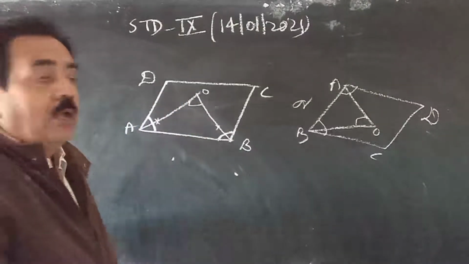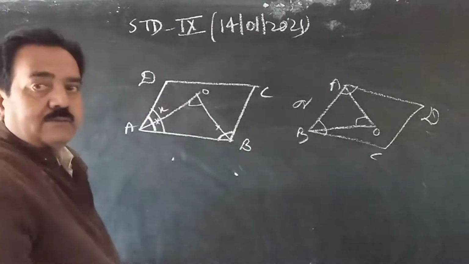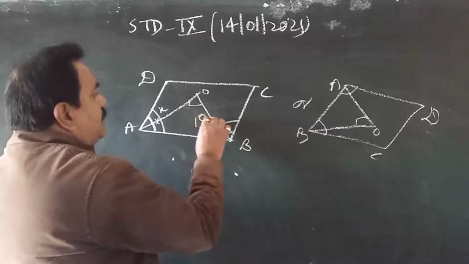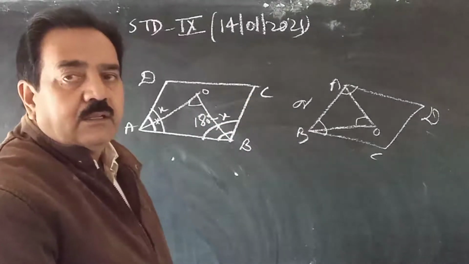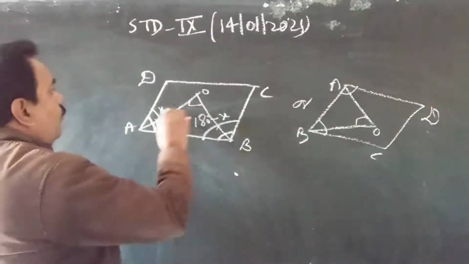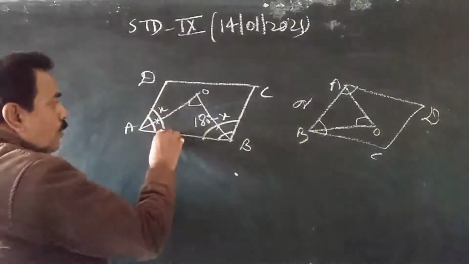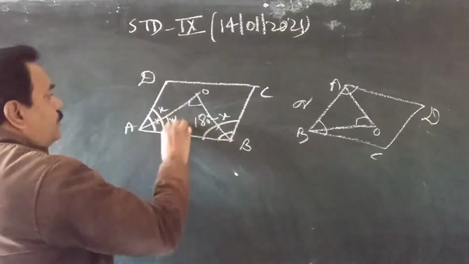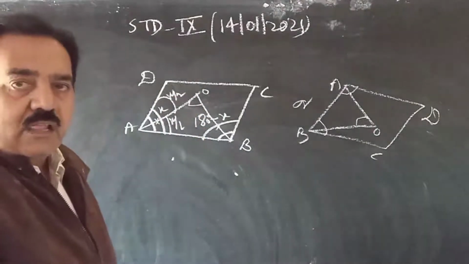Then what we will do? We will suppose this angle is x, then this angle will be 180 degrees minus x. Now, since OA bisects angle A, and we supposed the whole angle is x, half of the angle is x by 2, and this is x by 2.